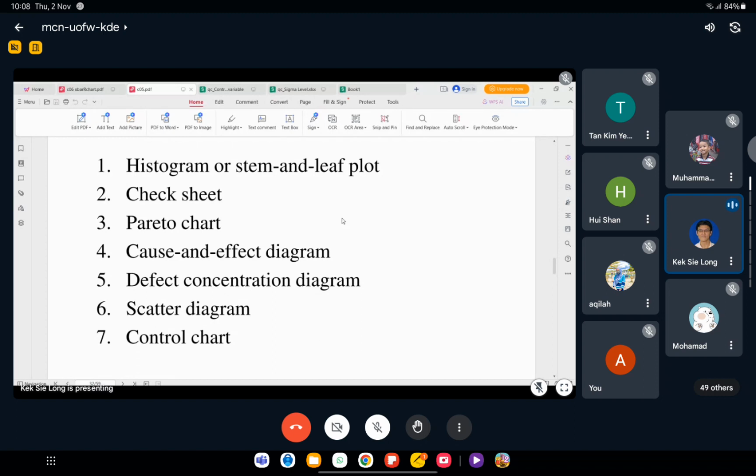For example, histogram. What is the purpose we use a histogram? We want to show the frequency, right? For example, the number of defects in 1 week. So we can present the data in a histogram.